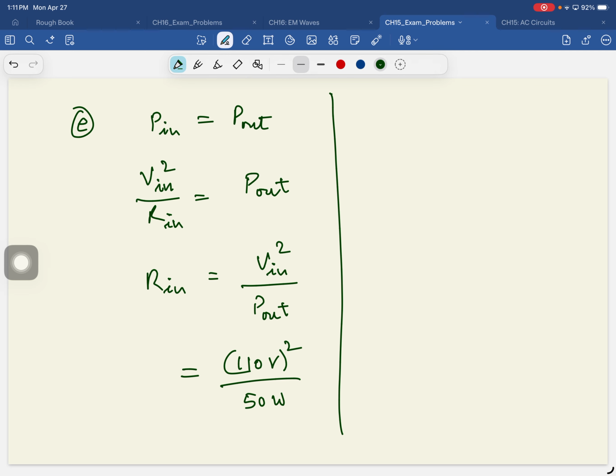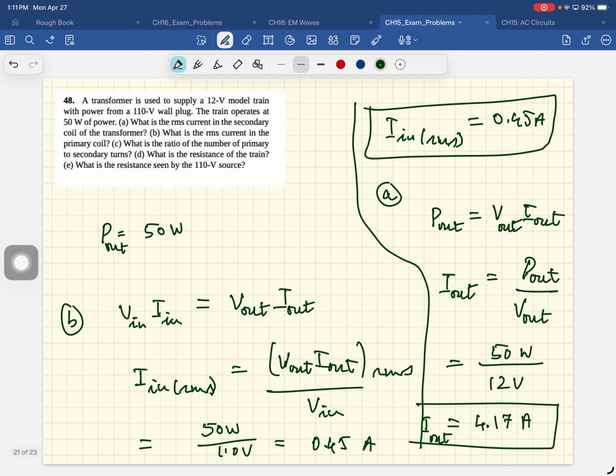Okay, so the resistance seen by the input circuit is 242 ohms. All right, so that finishes the problems from this chapter.